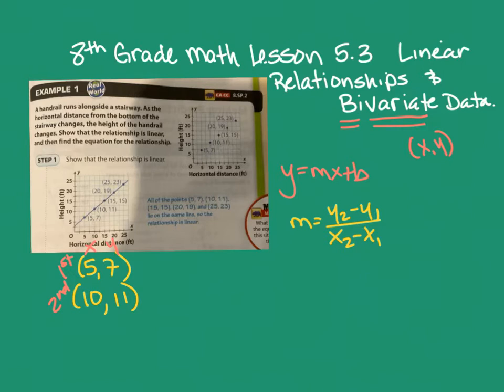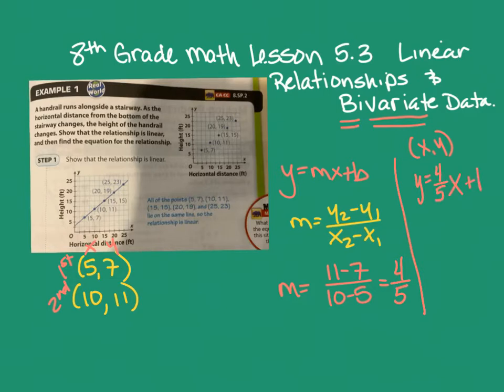So my y2 is 11 minus y1, which is 7, over x2 minus x1, x of my second choice, 10, minus x of my first choice, 5. 11 minus 7 is 4. 10 minus 5 is 5. So I get the equation of y equals 4/5 x plus b.